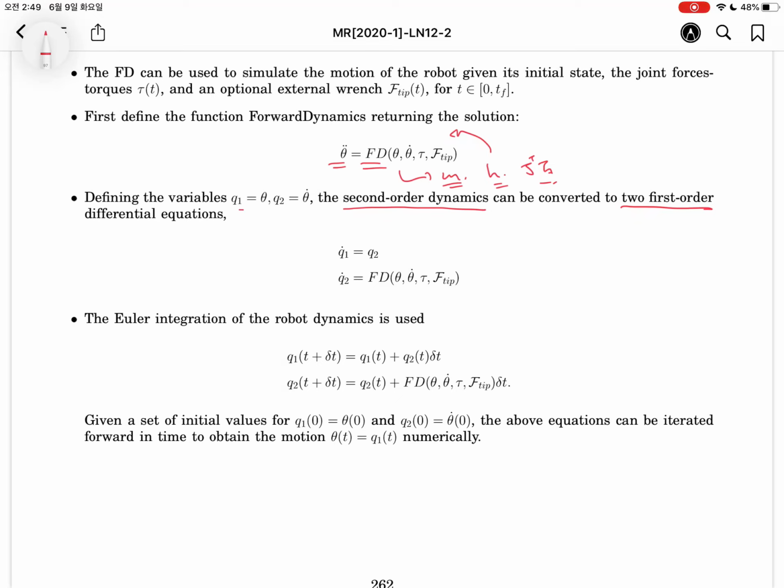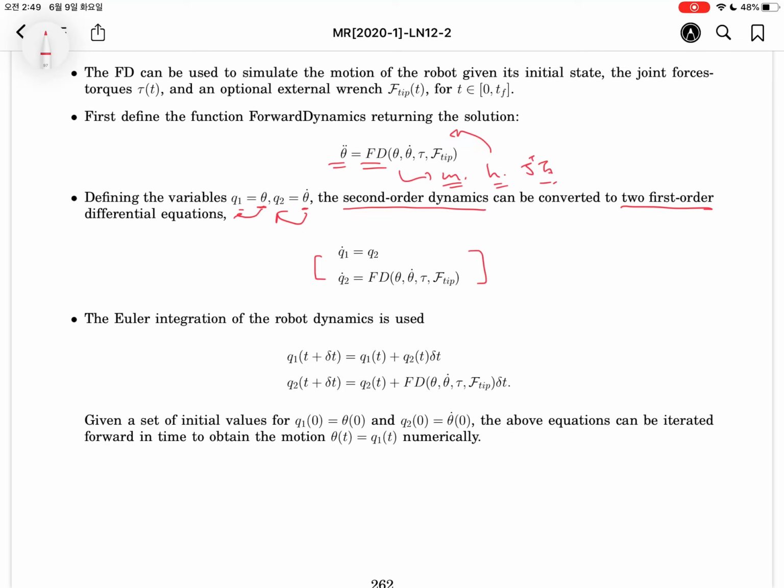So the n dimensional theta will be assigned to q1, n dimensional theta dot will be assigned to the n dimensional q2. So 2n dimensional state vector is required to obtain this kind of matrix, this kind of form. Okay.